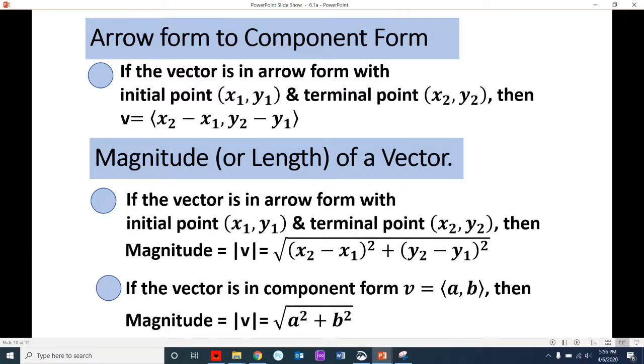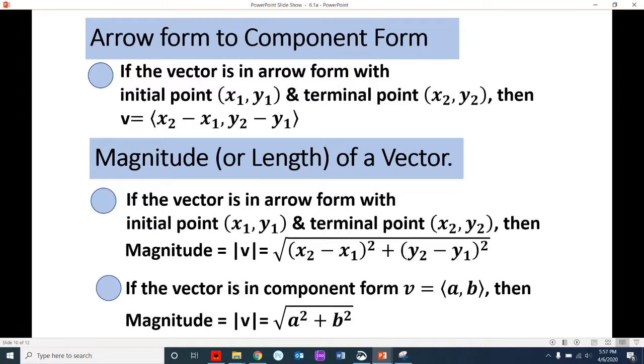To find magnitude or length of a vector, given a vector in arrow form, you use the same formula that you would to find the distance between 2 points.